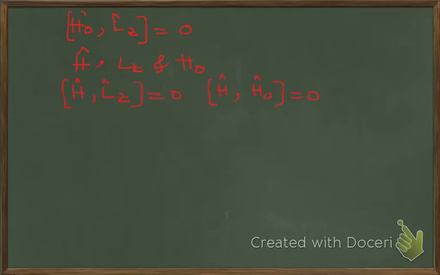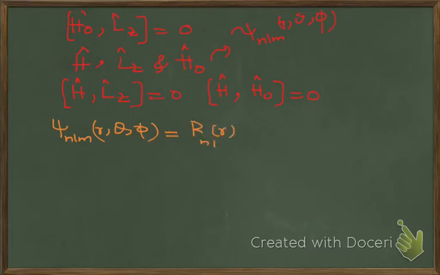Since the H operator, the L Z operator and H naught all possess a set of common eigenfunctions psi n l m, a function of r, theta and phi, it can be written as R n l of r times Y l m of theta and phi.